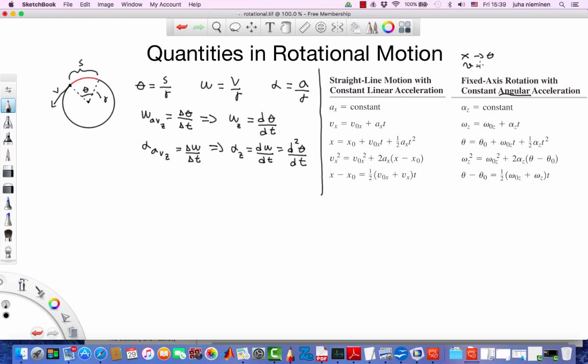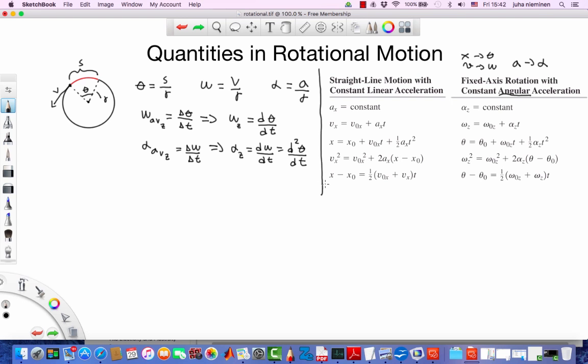Velocity v has been replaced by angular velocity omega, and acceleration a has been replaced by angular acceleration alpha. So applying these equations should be pretty straightforward if you were familiar with them in the linear world as well.